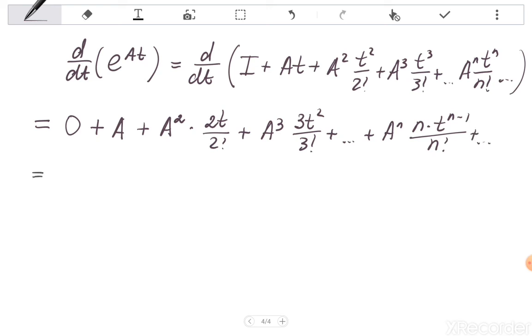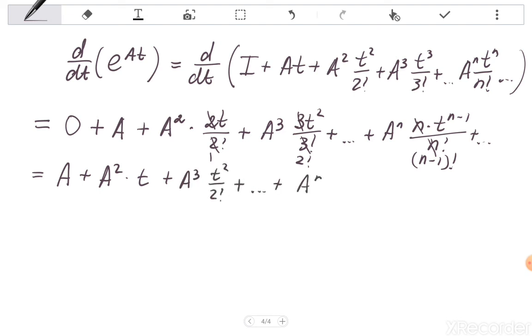So what can we do here? First of all, in each term we can cancel the coefficient with the factorial. Here we have 2 factorial, here we have just 1, and here we have n minus 1 factorial left. So what do we have here? A plus A squared times t over just 1, so just nothing, times t, plus A cubed t squared over 2 factorial plus and so on, plus A to the n t to the n minus 1 over n minus 1 factorial plus and so on.